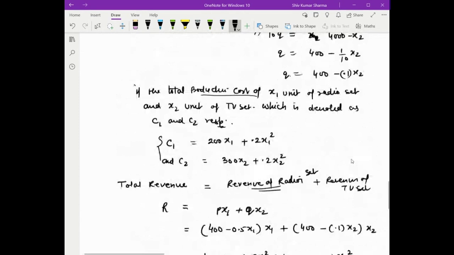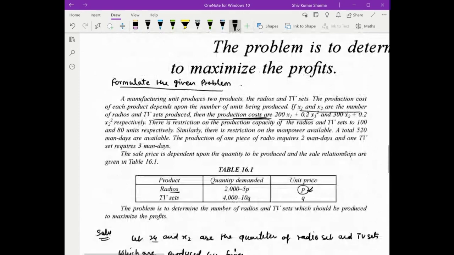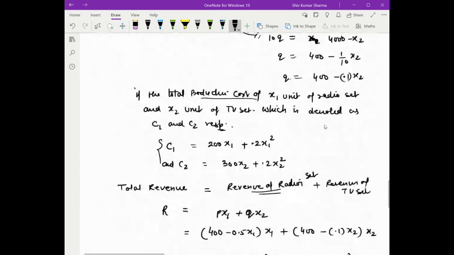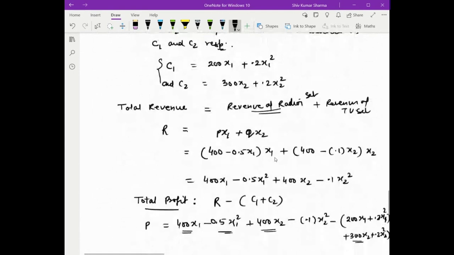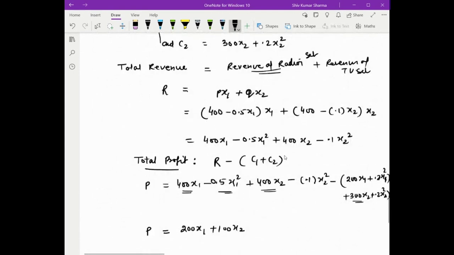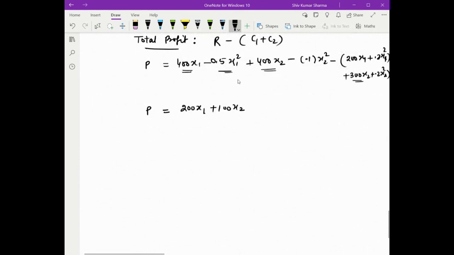So this is 200 X1, and minus 0.5 X1 square, minus 0.2, so this is minus 0.7 X1 square, and here minus 0.1 and minus 0.2 X2 square, so minus 0.3 X2 square.